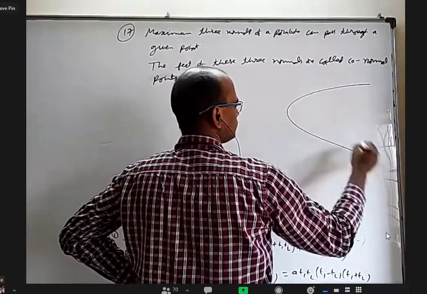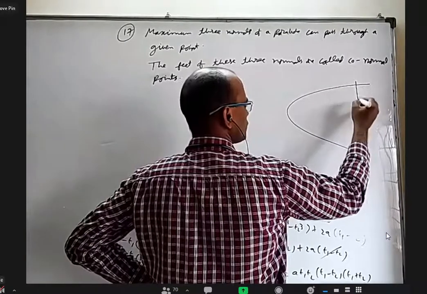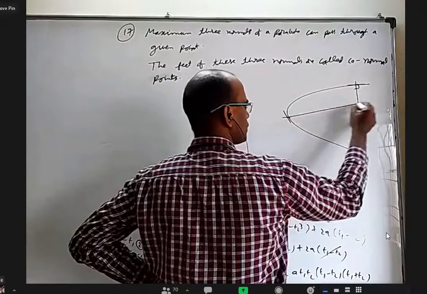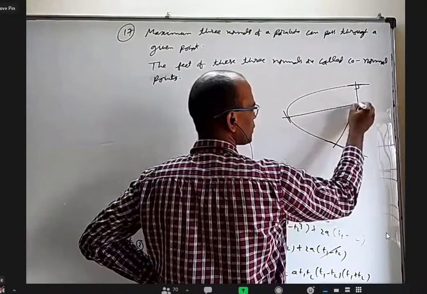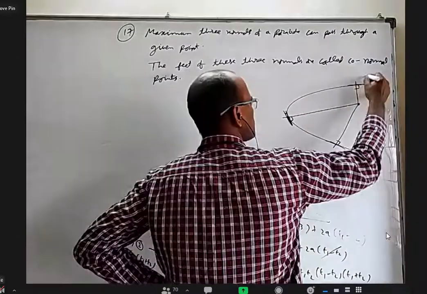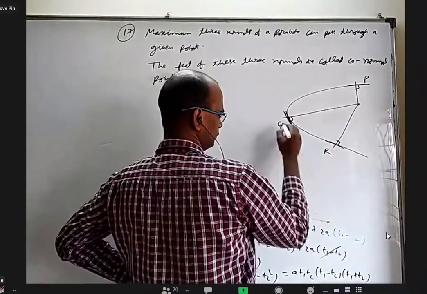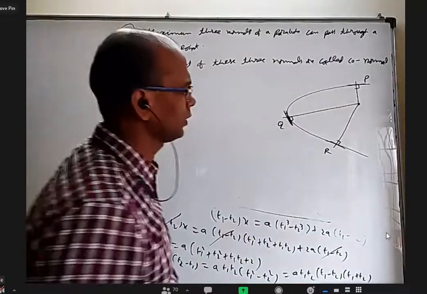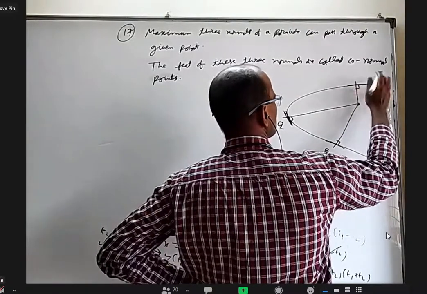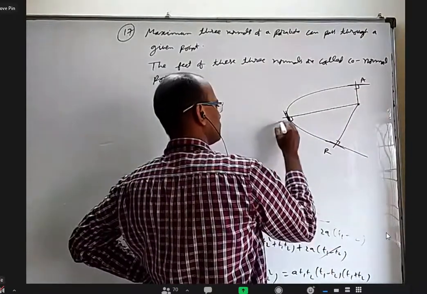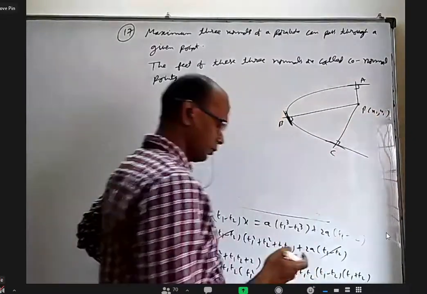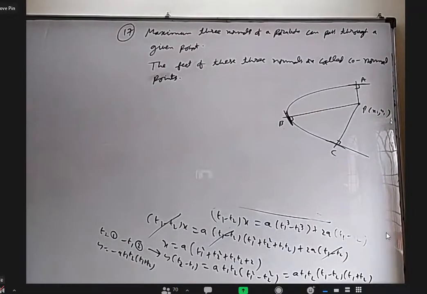Let's say this is a parabola. Let us say somehow the normal here, maybe the normal here, maybe the normal here pass through this point. I'll call these P, Q, R, or you can call them A, B, C. And this is P(x1, y1).